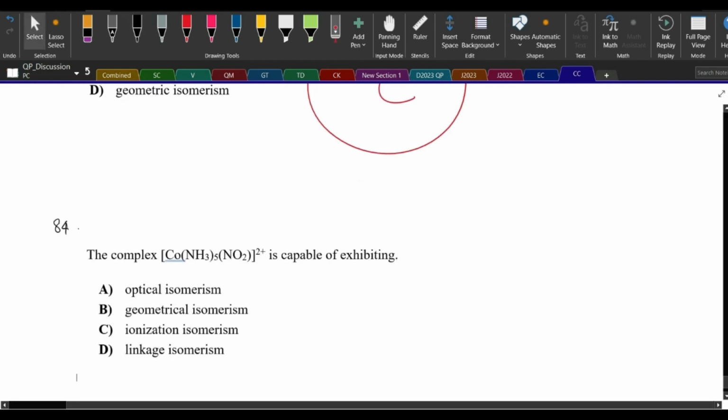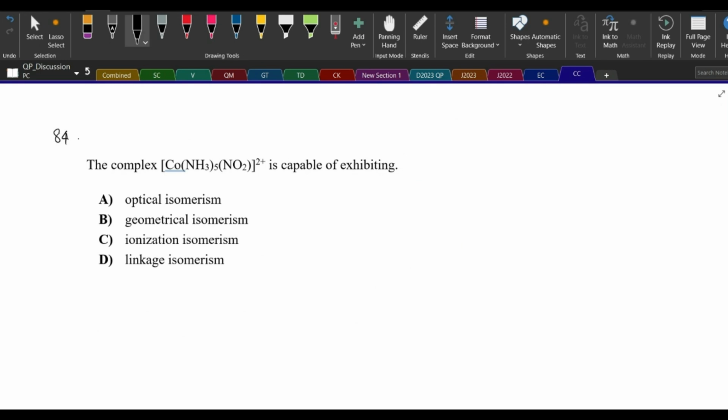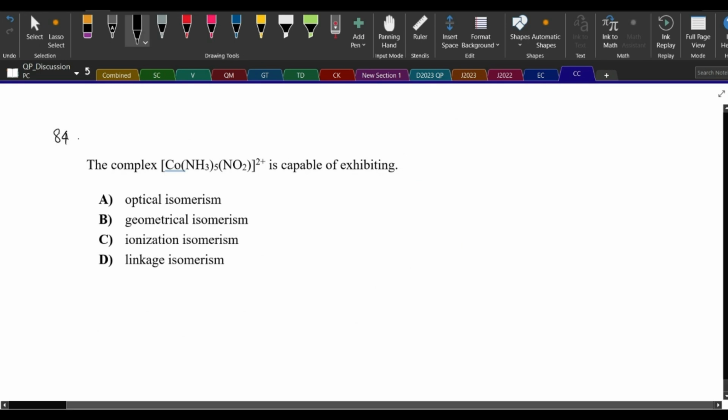Next question. This particular complex containing ammonia, NH3 amine, and NO2 is capable of exhibiting what?